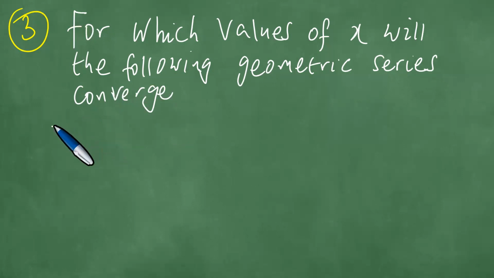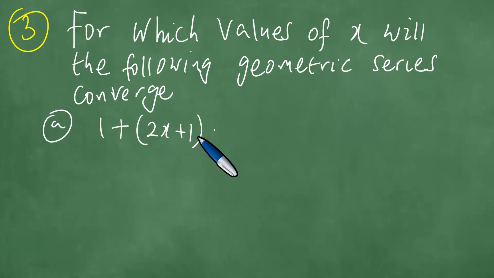And then we have part A, which is 1 plus 2x plus 1, plus 2x plus 1 squared.